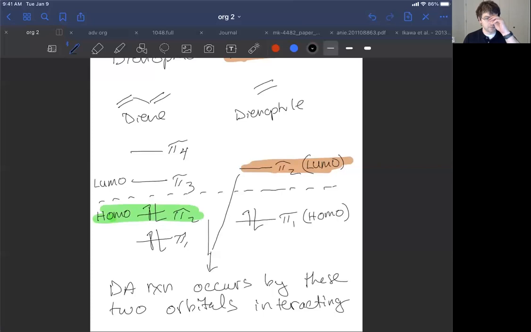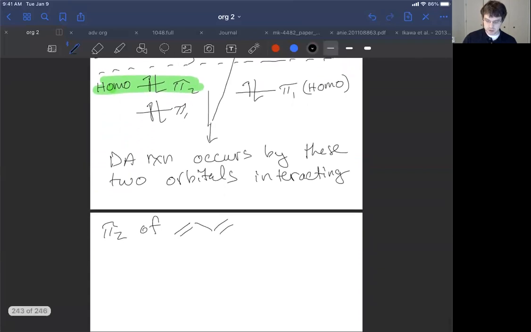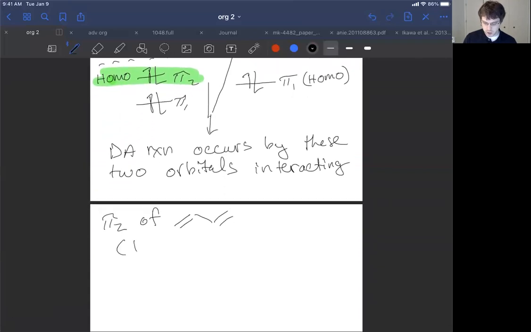Okay. What we can do is take our picture from the Diels-Alder reaction and apply what we know about the shading for these 2 orbitals. So let's remind ourselves what pi 2 of butadiene looks like. If you go back in your notes, you'll recall that pi 2 has 1 node, and so that's where we split the orbital in half.